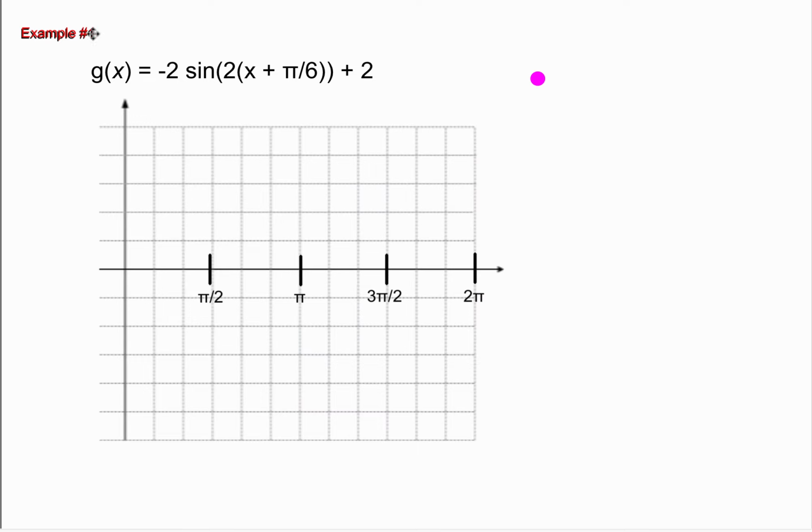So let's just start kicking through some examples. One thing we need to remember is a phase shift occurs within the x. Remember, the general formula for a trigonometric function is a, and then we could use sine or cosine, b x minus c, plus d. So we're looking at this part right here.